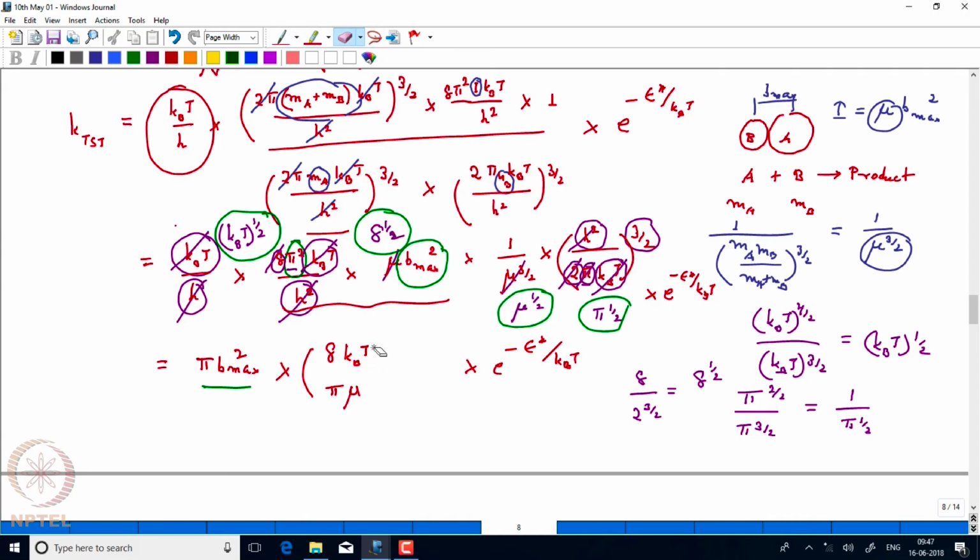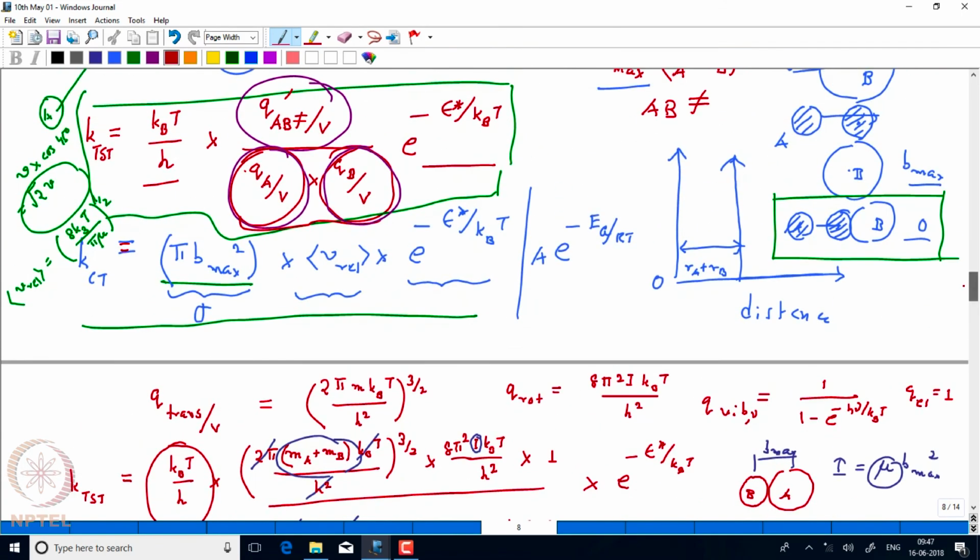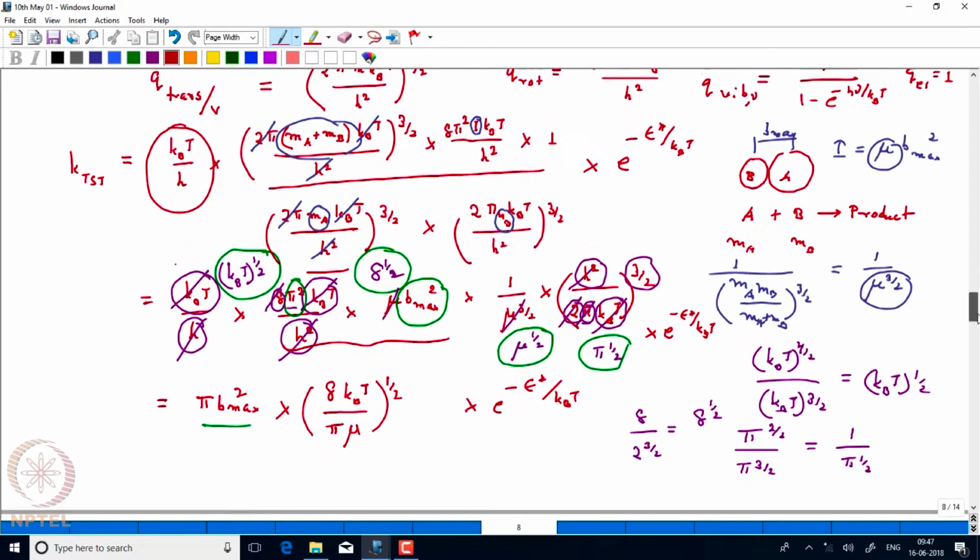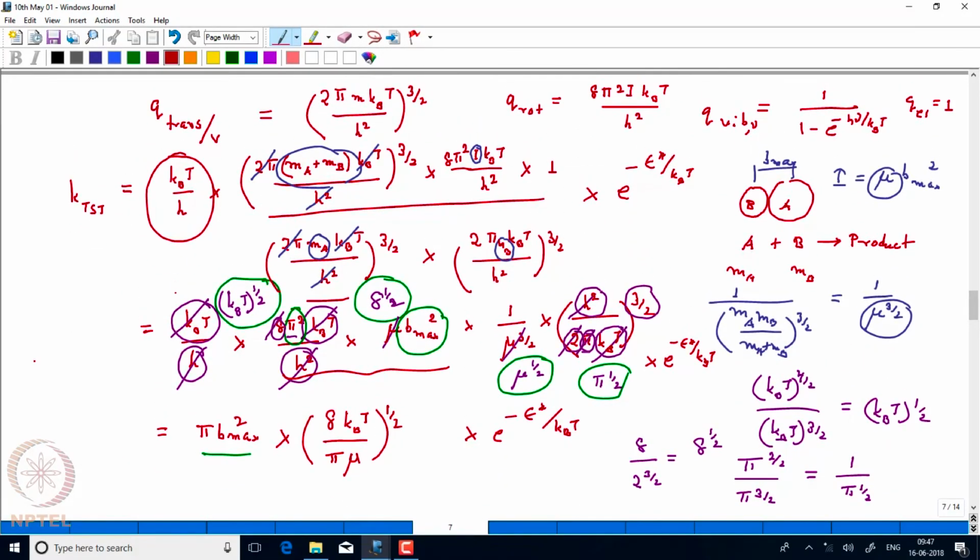And as you can see, this is exactly the expression for the relative average velocity, which we have already figured out, and that will be basically when the relative collision between A and B happens at an angle which is the average of 0 and 90 degrees, so basically 45 degrees.